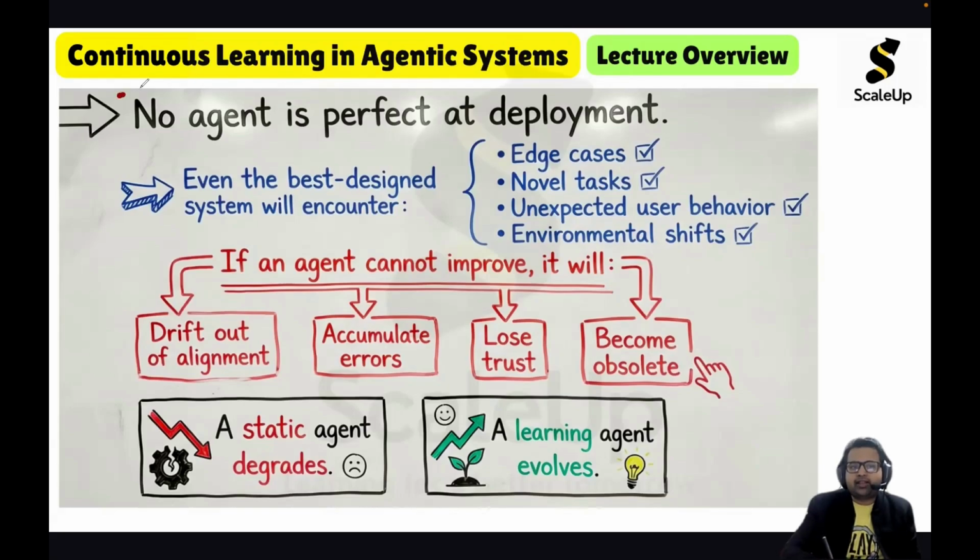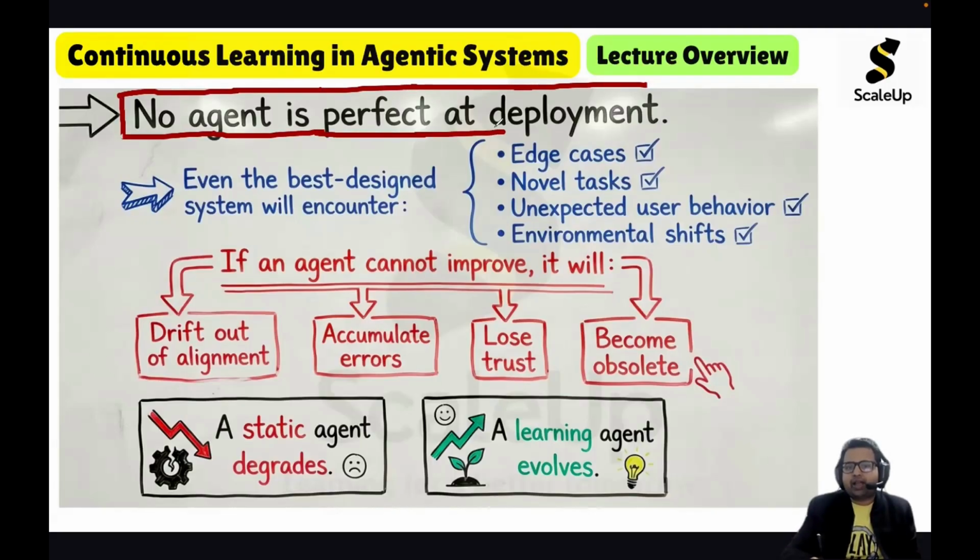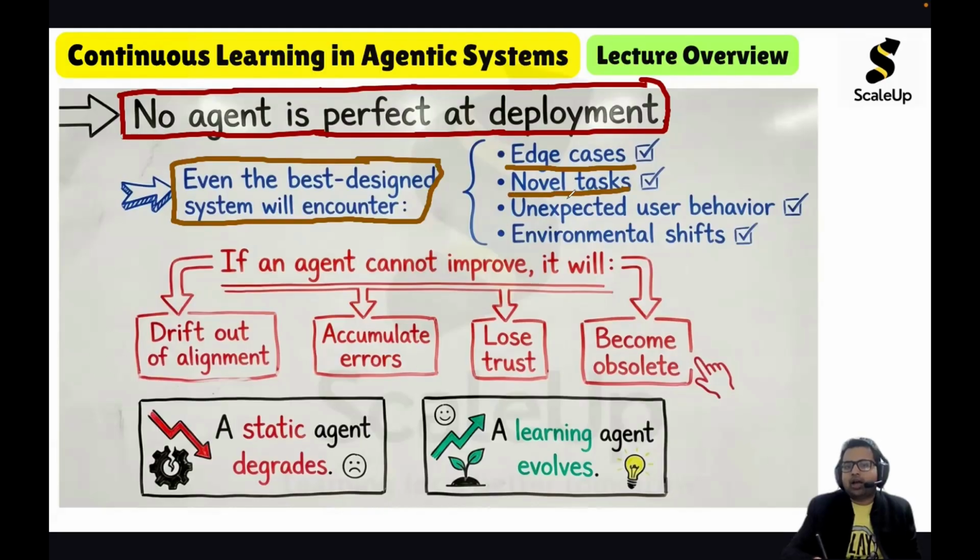See, the idea is that no agent is perfect at deployment, because even the best designed system will encounter edge cases, novel tasks, unexpected user behavior, and environmental shifts.